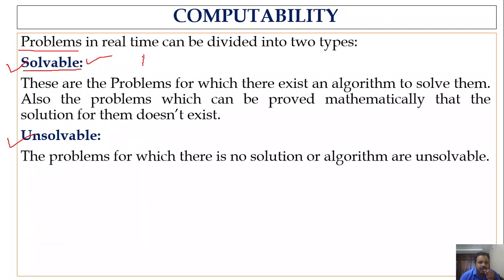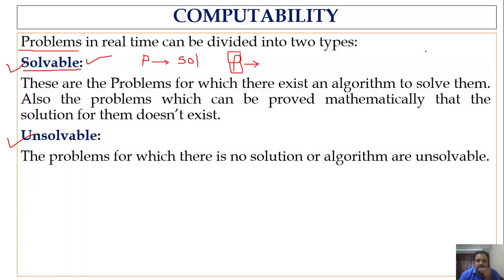Whenever we have a problem P, and for that particular problem there exists a solution, then that problem is considered a solvable one. Another case is that if you have a problem P and we can prove mathematically that the problem cannot be solved, then the problem P is also considered a solvable one.